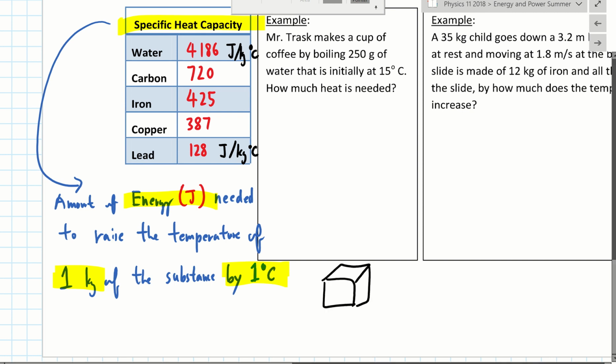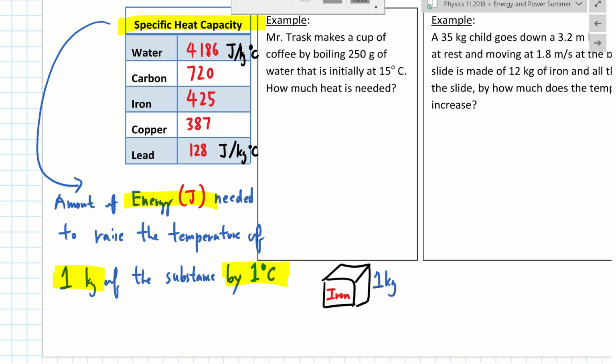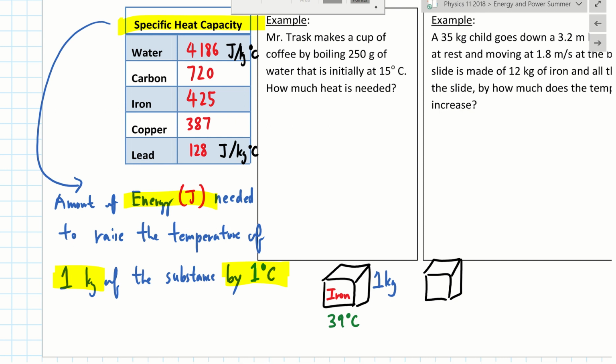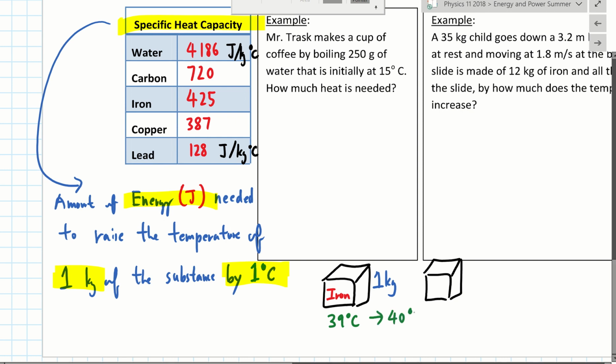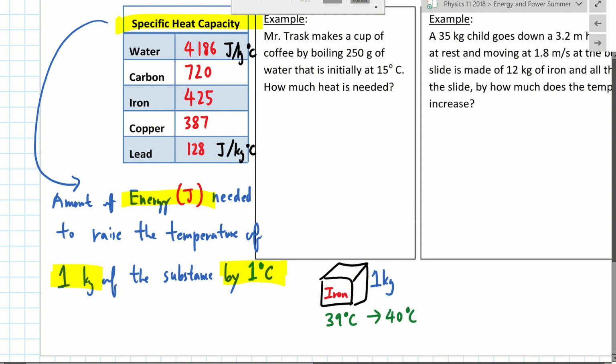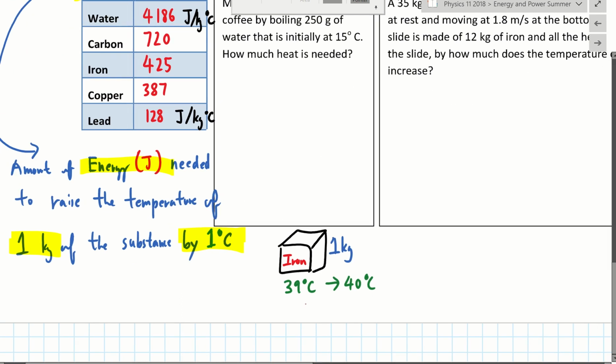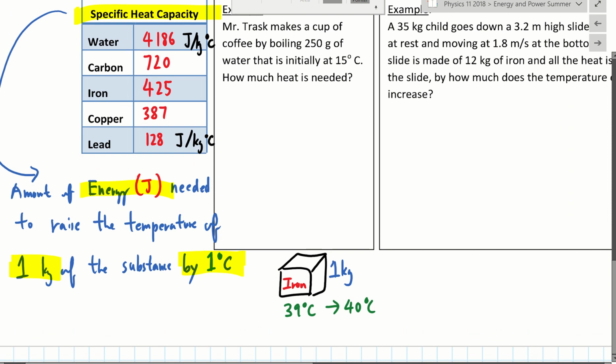Say you bought exactly 1 kilogram of it, and its temperature is 39 degrees Celsius right now, and you would like to heat it up to 40 degrees Celsius. How much energy will you need? That number is the specific heat capacity.